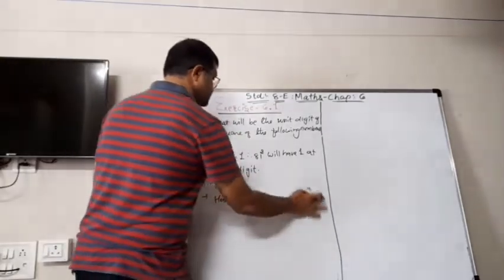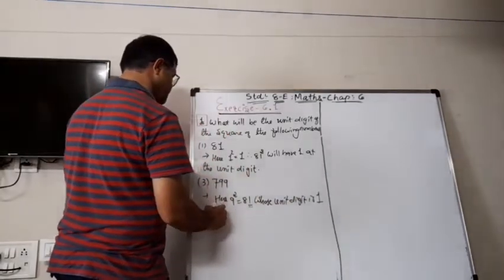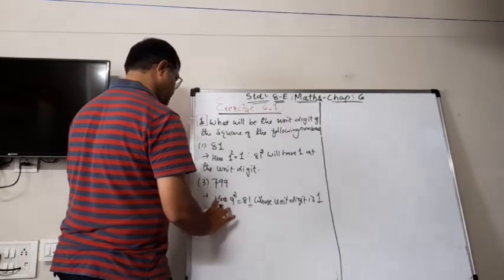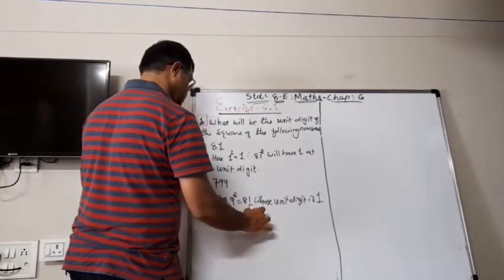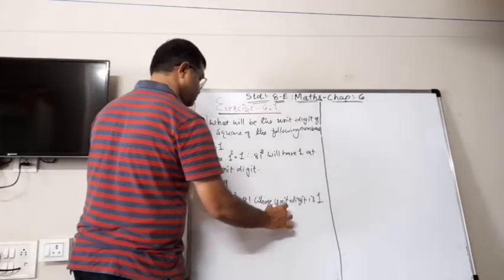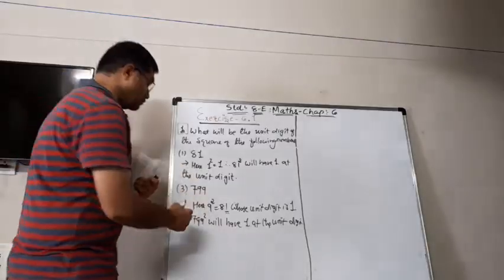Therefore, 799 square will have 1 at the unit digit.